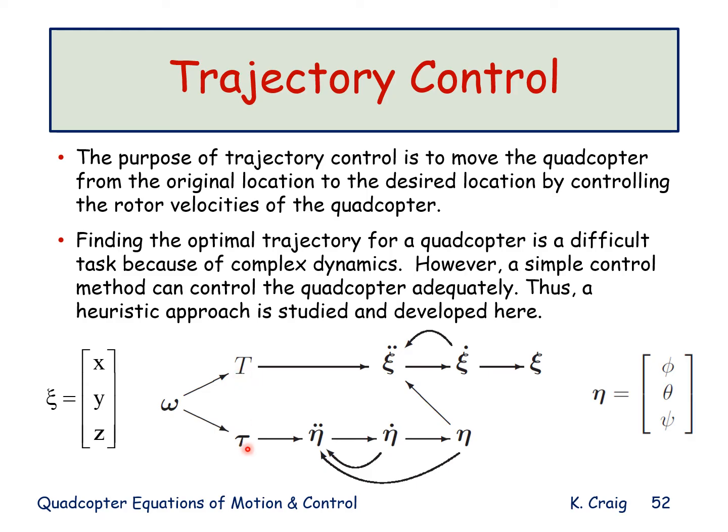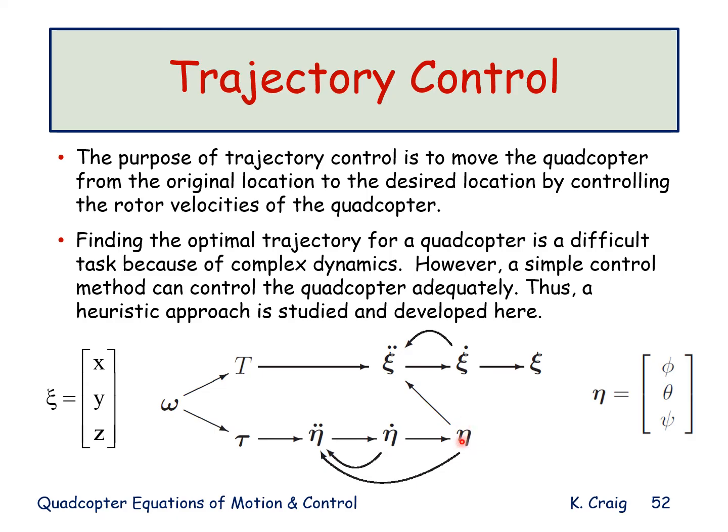The roll, pitch, and yaw torques will cause the angular accelerations, eta double dot, for roll, pitch, and yaw, and these can be integrated to give velocity and position information. So integrating the angular accelerations will give you the angular velocities. Integrating the angular velocities will give you the angles: roll, pitch, and yaw.